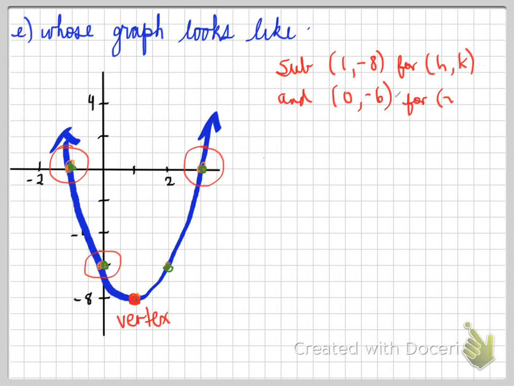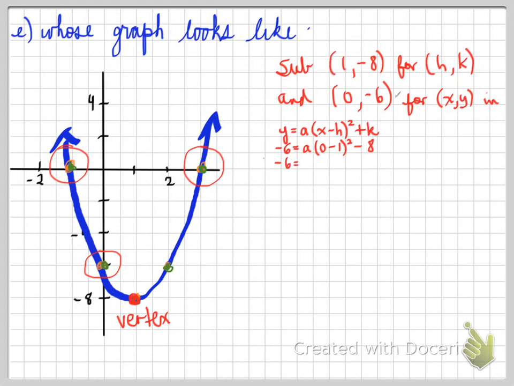In this case, we're using the y-intercept for x and y in the equation in vertex form. Once we plug it into vertex form, I get y, which is -6, is equal to a times (0 minus 1) all squared minus 8. That's our k value.